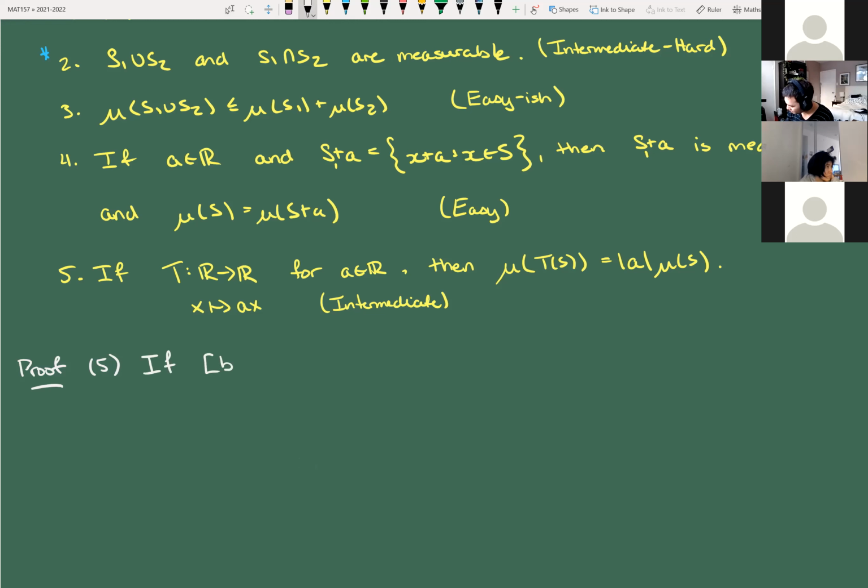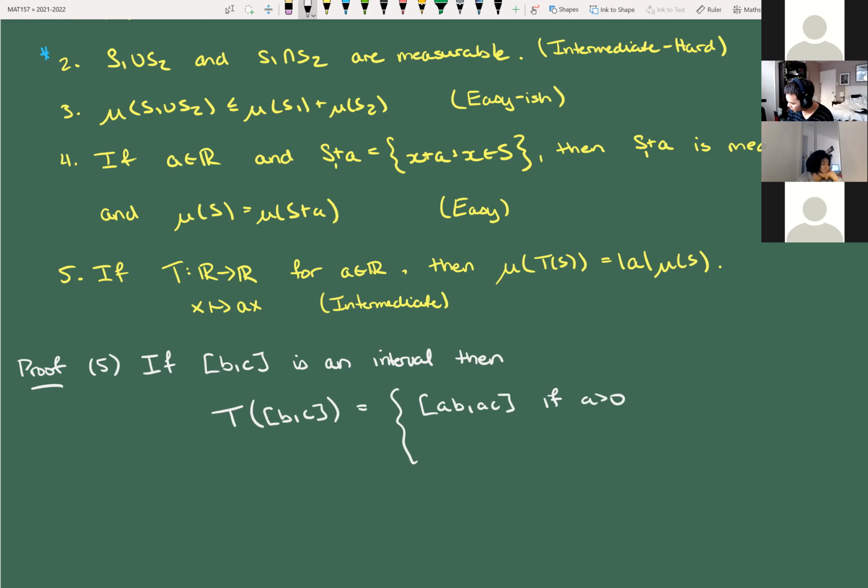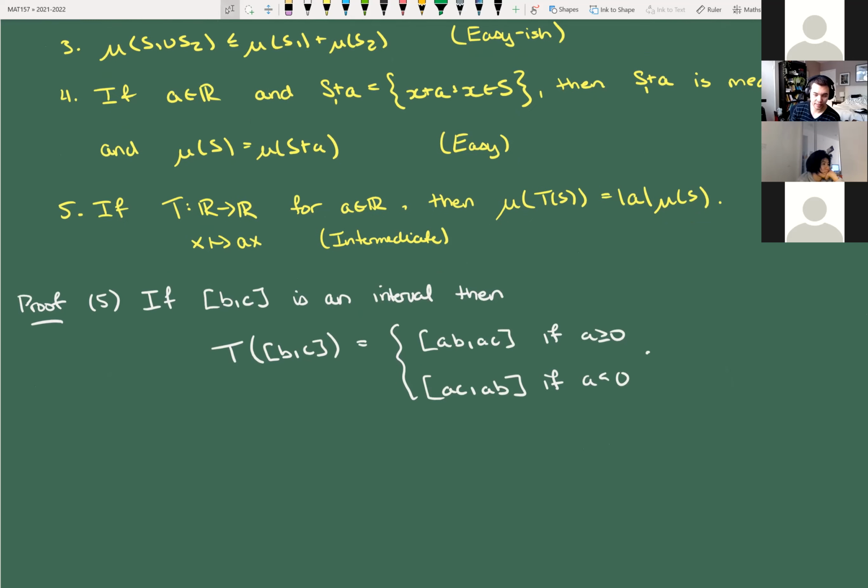So if BC is an interval, then the image of BC is equal to either AB, AC, right? So that's if A is greater than or equal to 0, or AC, AB, if A is less than 0. Okay, so this is just always true. Now notice in both of these cases, the length of that interval.